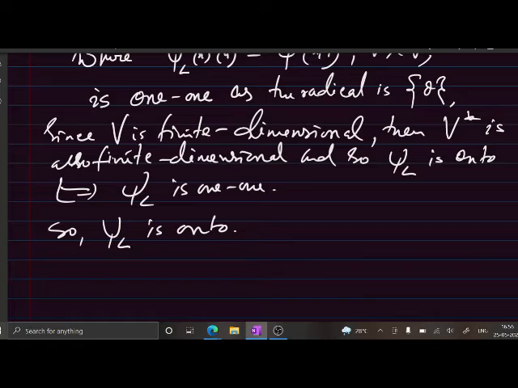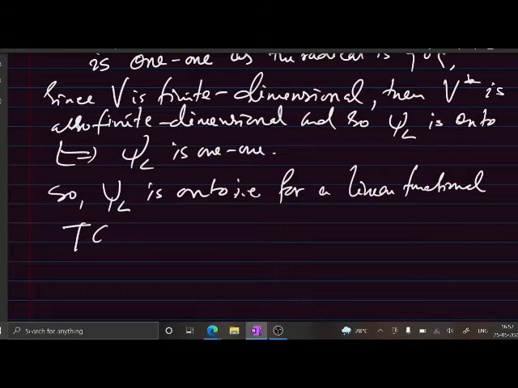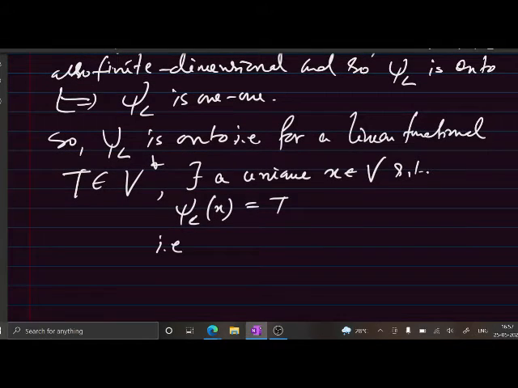Now what does the ontoness of psi L mean? For a linear functional T taken from V star, since the map is 1-1, the vector is unique. So there exists a unique x such that psi L x must be T. Now what is psi L x?